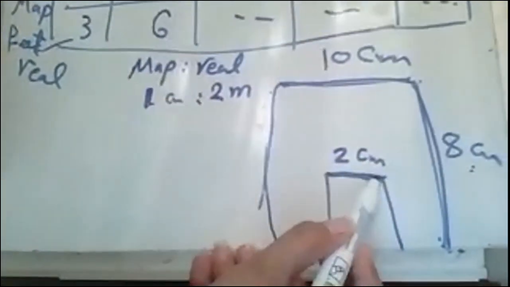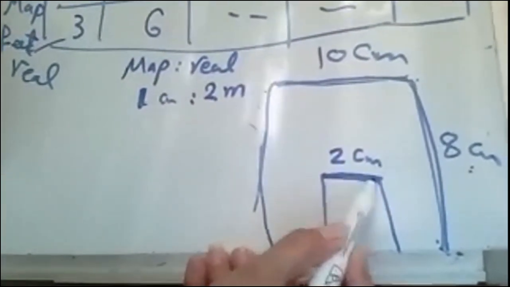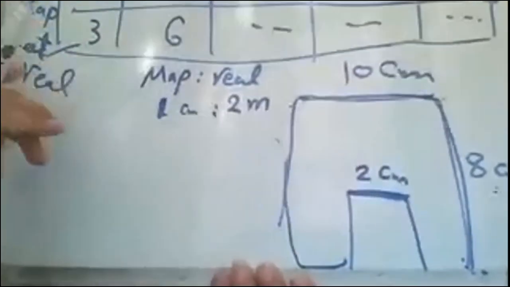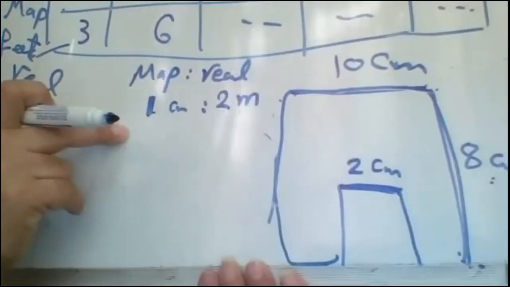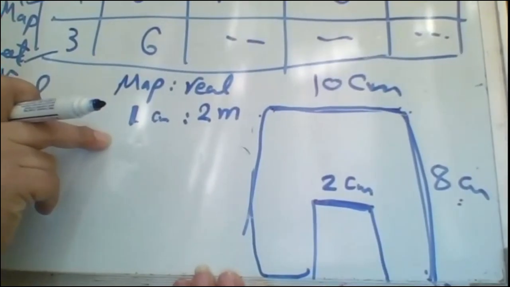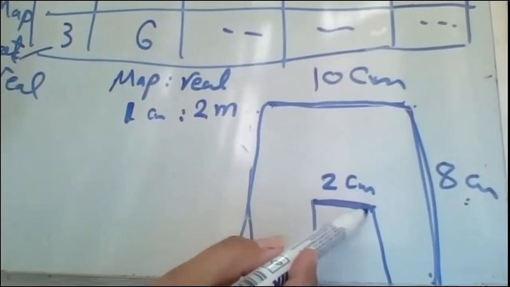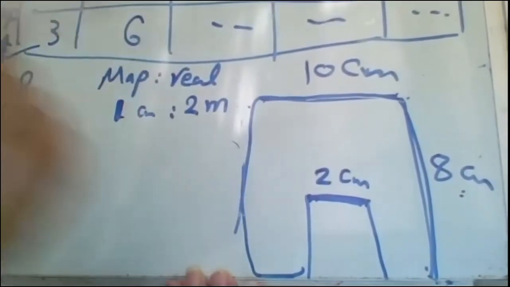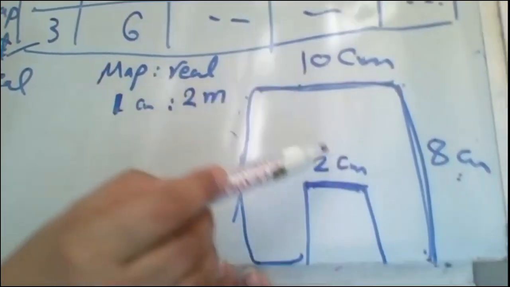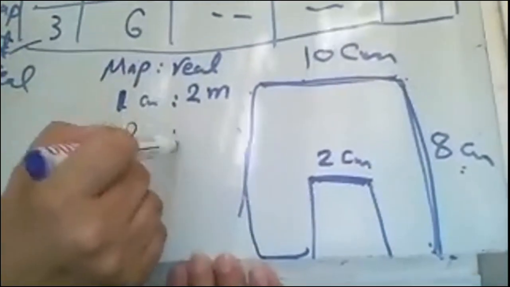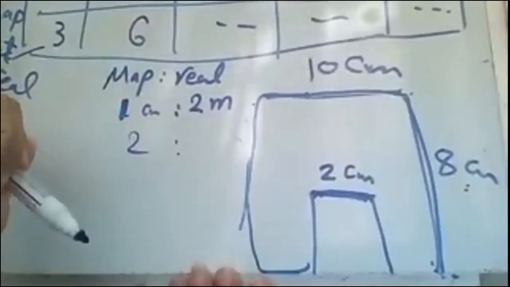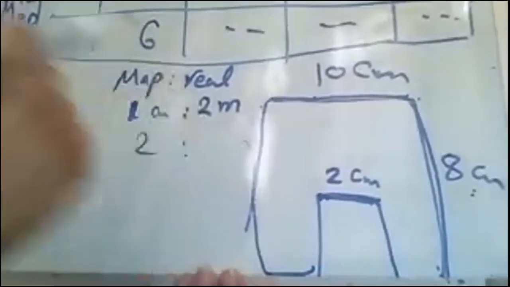Then if I want to calculate the length of this door, it is 2 centimeters, so the reality should be how many, Ahmed? 4 meters. Very good.